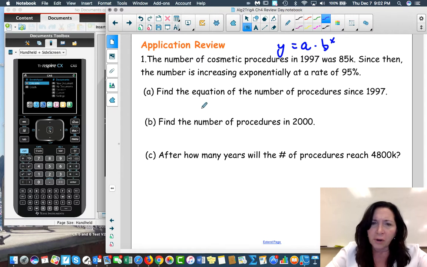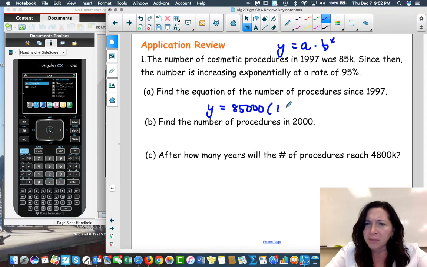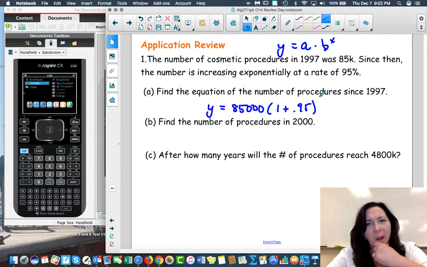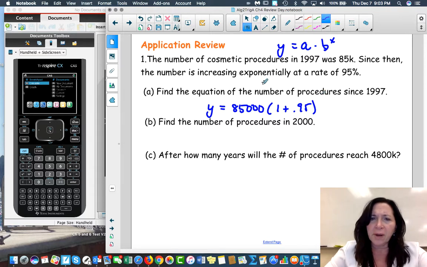So we're going to start off with our equation, which is going to say y equals our initial value, which is 85,000, times B, which is 1 plus our rate, which is 0.95, to the increasing rate.